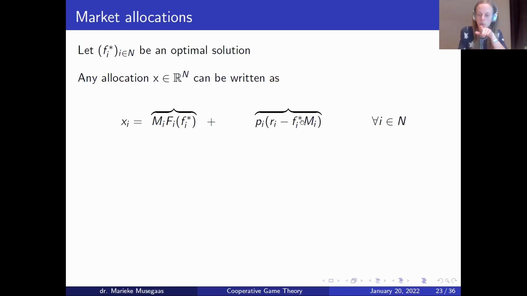What we have over here is the profit or the cost from trading the vaccines. So if you sell vaccines, if you give away vaccines, then it is plus the amount of vaccines that you sell, the part over here in between brackets, times the price, times what you get per vaccine.